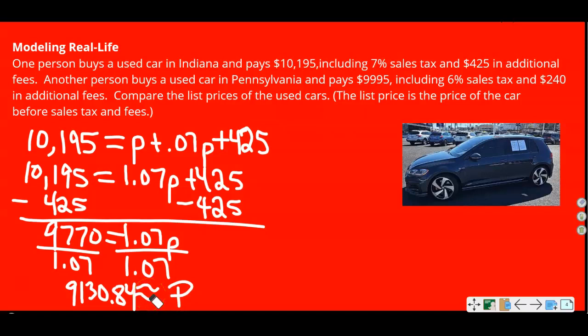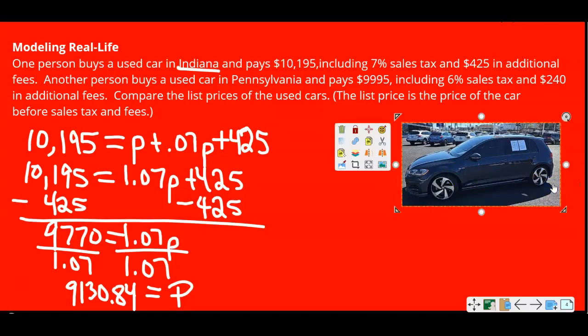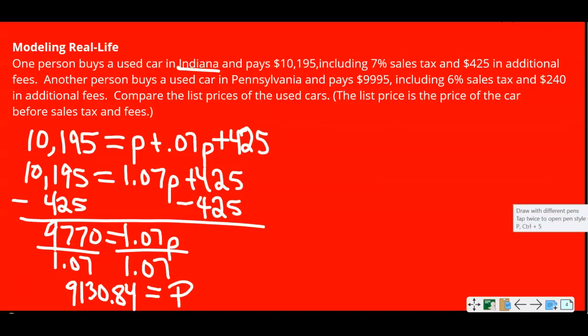So let's go back. Instead of putting approximately, we are going to round that, and that's going to be the price of the car in Indiana. All right, let me get rid of this image here so I have more room to work.